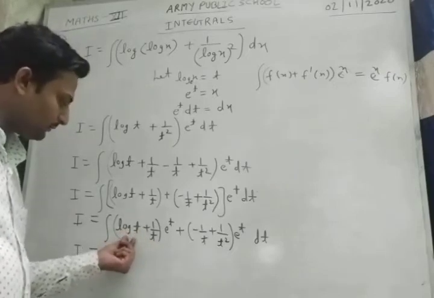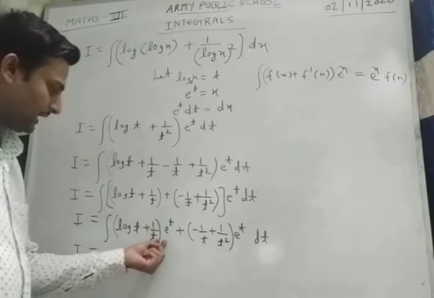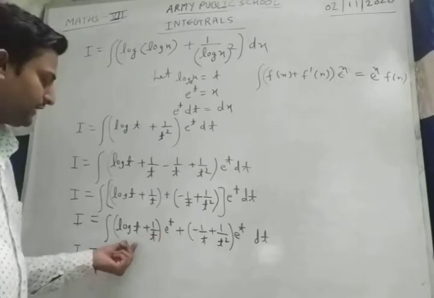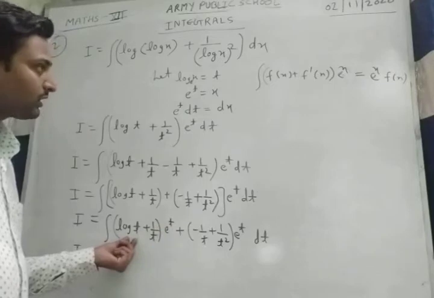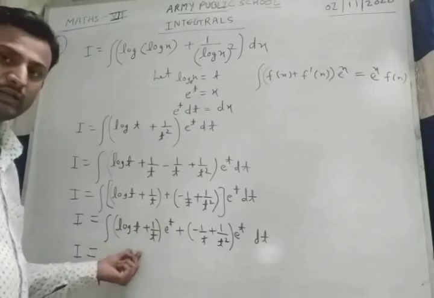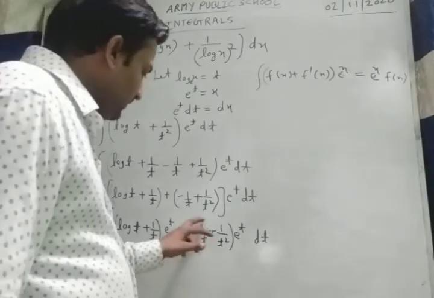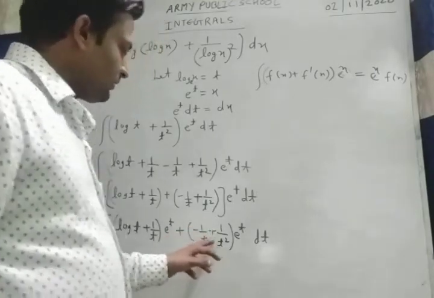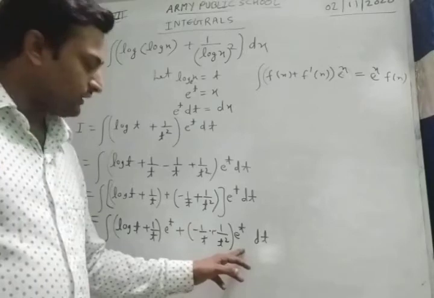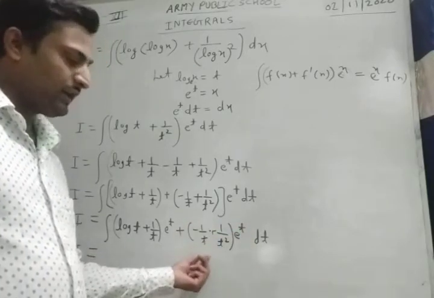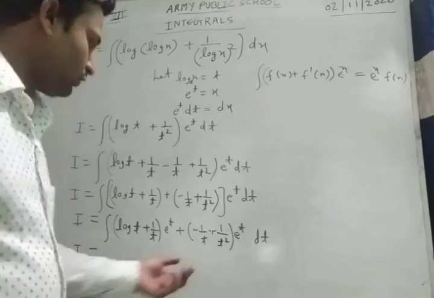The differentiation of log t is 1 by t, and this is e to the power t. So we write e to the power t log t. Now here this is minus 1 by t. The differentiation of minus 1 by t is plus 1 by t square, and this is e to the power t. So here we get e to the power t, minus 1 by t. Okay, so we replace this.